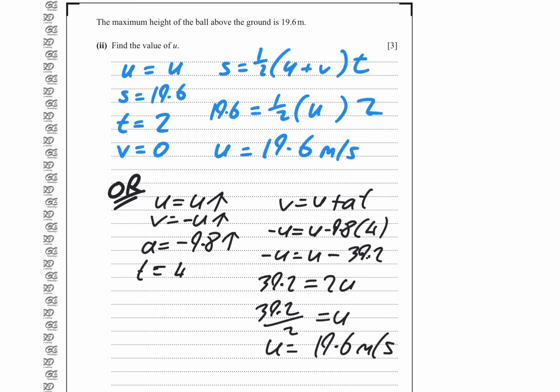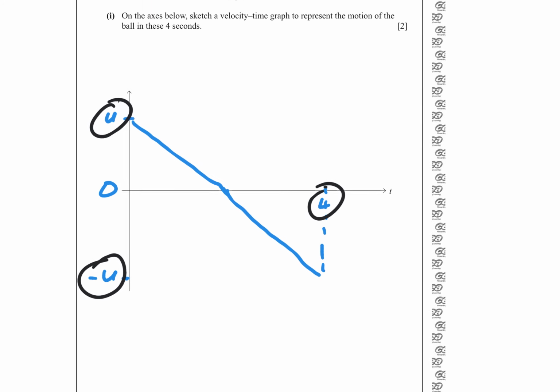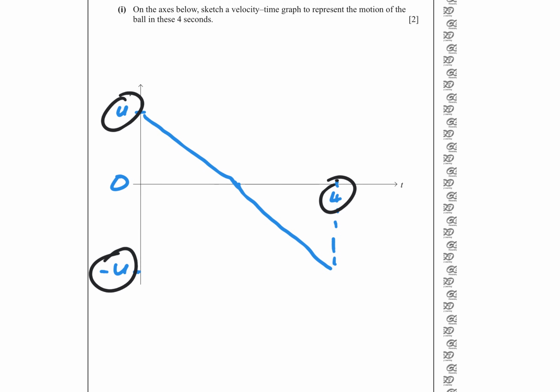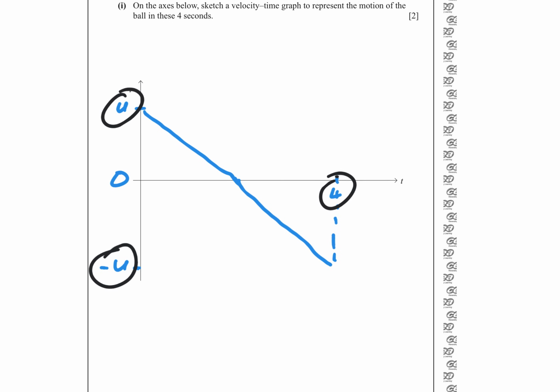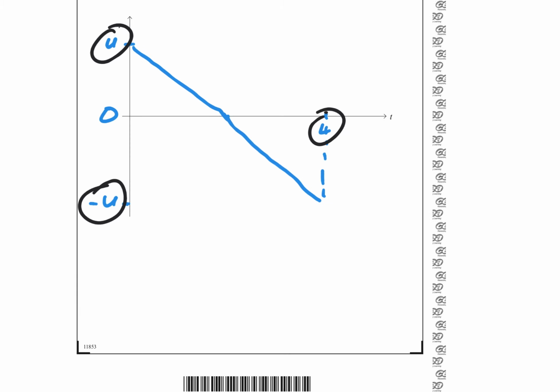So there's a couple of ways of doing it: with your velocity time graph, and without your velocity time graph, using your SUVAT equation. Okay, and one more way of doing it, using the velocity time graph, is to use the area. Now, the question tells you that the maximum height of the ball above the ground is 19.6.